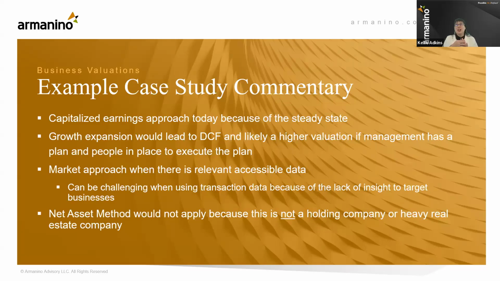And so a lot of times when you're looking at the smaller companies, you may want to just rely on an income approach because based on the story of the business and how the business is operating and the future plans of the business, when you compare it to the market, public comps or mergers and acquisitions that have taken place that we have data for, they might not always fit in those sectors. And so the market approach can definitely be a relevant point of data, but sometimes it definitely can be challenging.